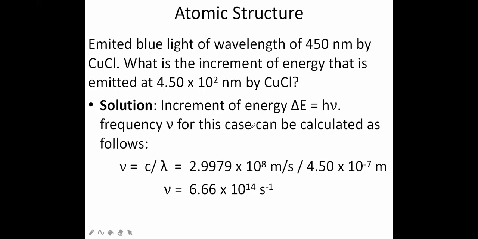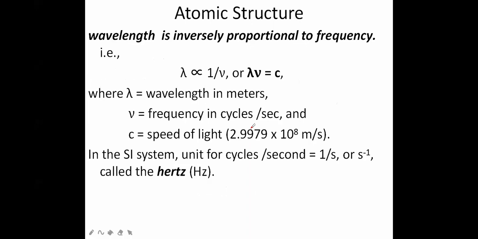Okay. So since we want to know the frequency, we know the speed of light, which is c, the constant. So we go back to our first formula, which says that wavelength times frequency gives us the speed of light, right?